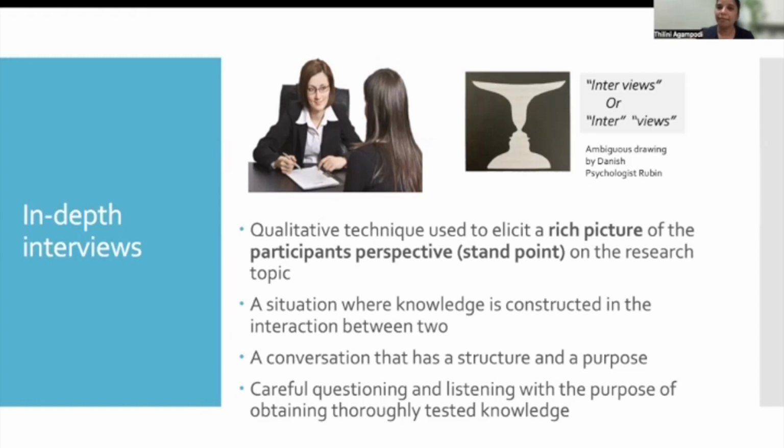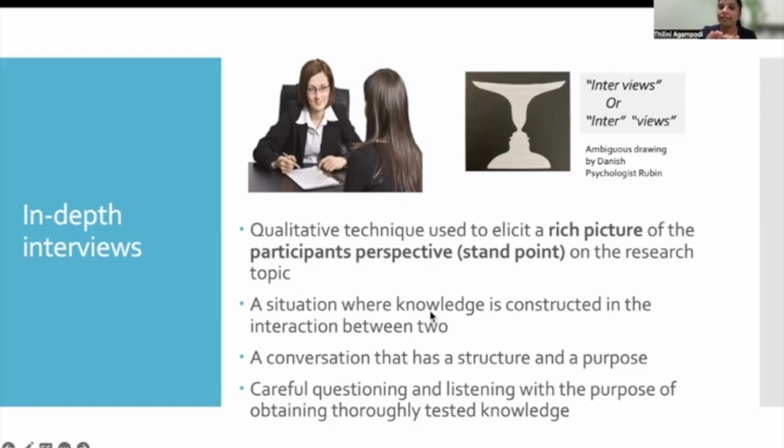But in another dimension, you see a vase-like structure. By the interaction of these two people, there develops a sort of large vase-like structure, which we call the knowledge. And it's very important that the researcher is very conscious of what is being developed.